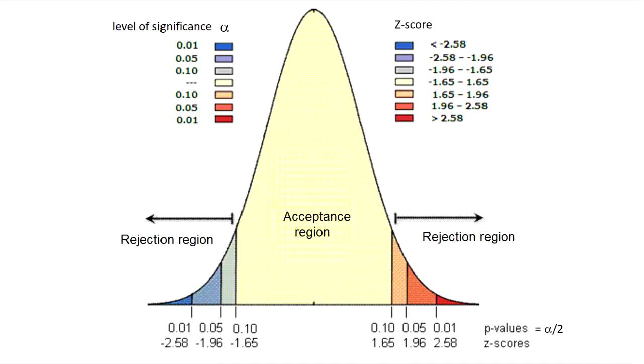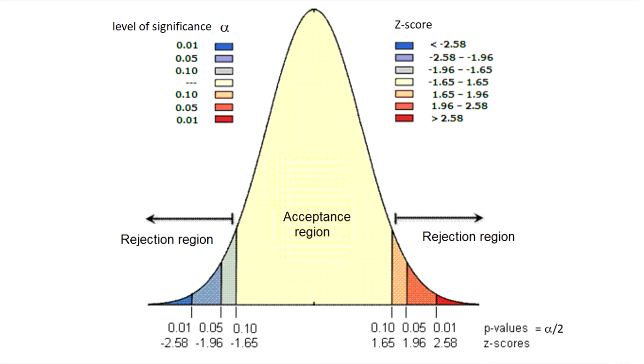Well, let's observe the critical regions for different values of alpha. The yellow region is for significance level 0.10. And the z-score at this moment is plus minus 1.65. Okay, our results were for alpha equals 0.05.